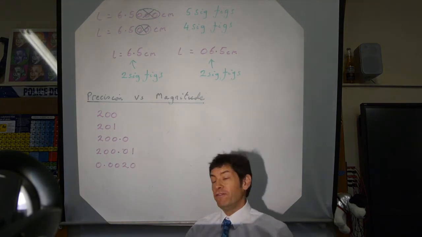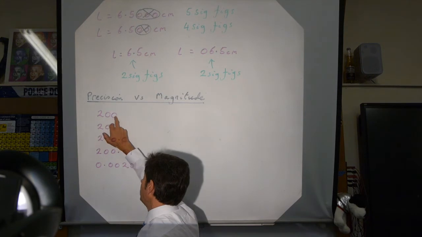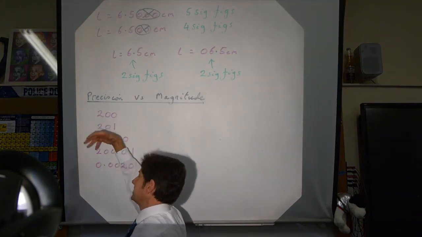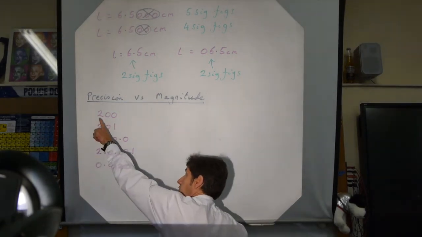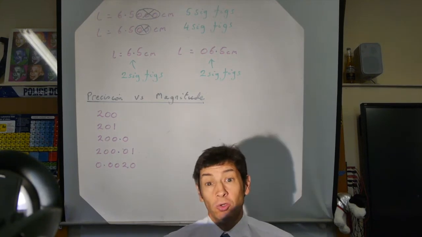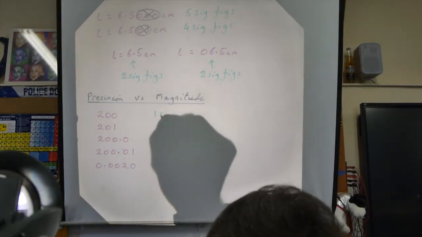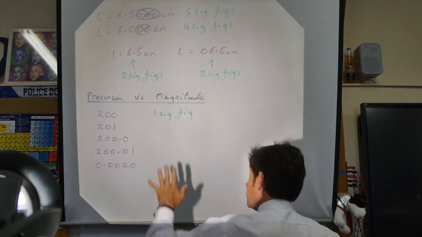The convention is that if you've got zeros here, not decimal places, then this is the number that we can see change in. It's not a 0, it's a 2. So this, rather oddly, is to one significant figure. One sig fig. If that's obvious to you, fine.